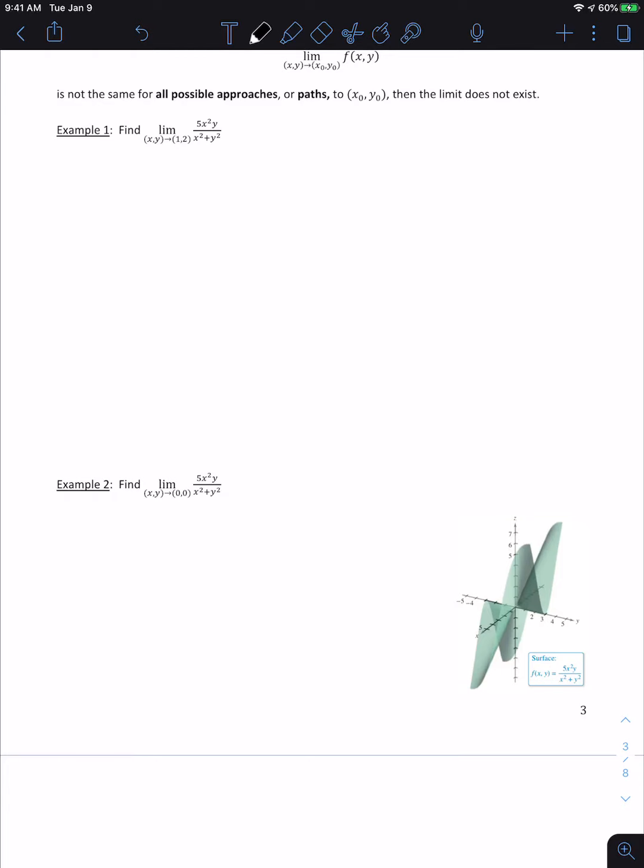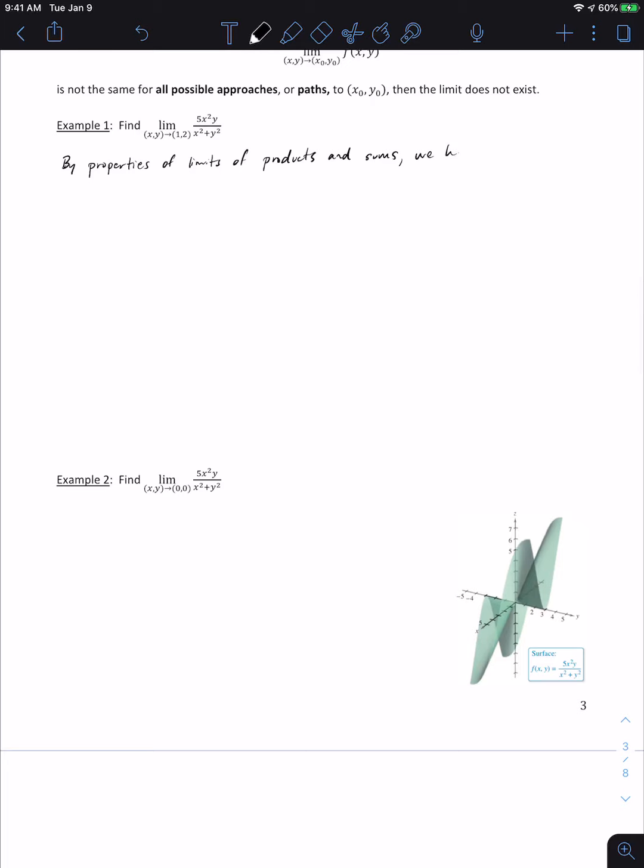So in this example, we can say that by properties of limits of products and sums, I can look at the numerator. I can say that the limit as (x, y) approaches (1, 2) of 5x squared y. Well, we know when we look at limits, we can just plug in the values if it's a polynomial. So when we look at just the numerator, it ends up being 5 times 1 squared times 2, which is 10.